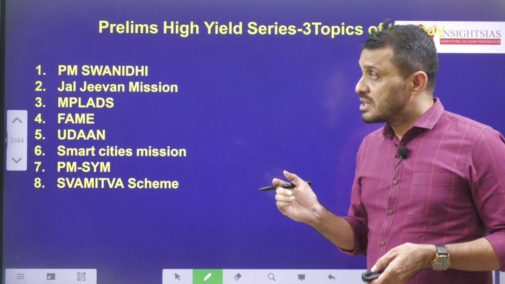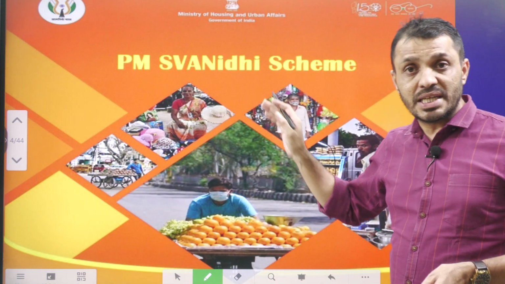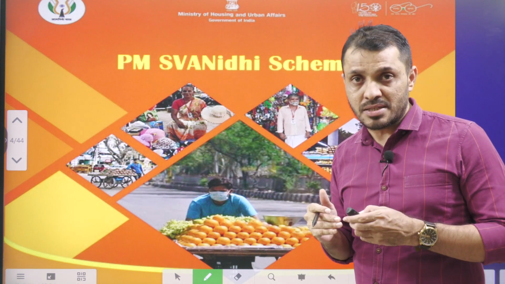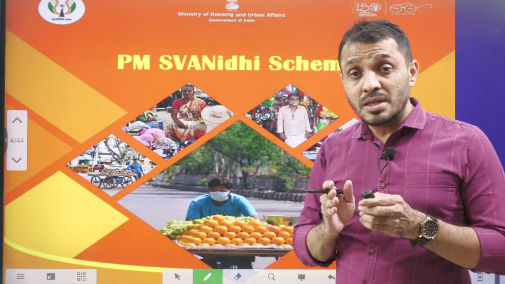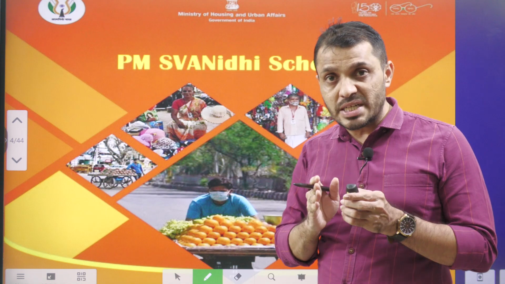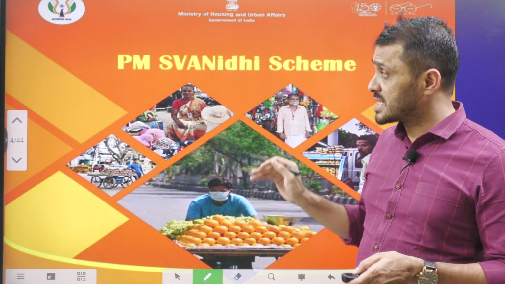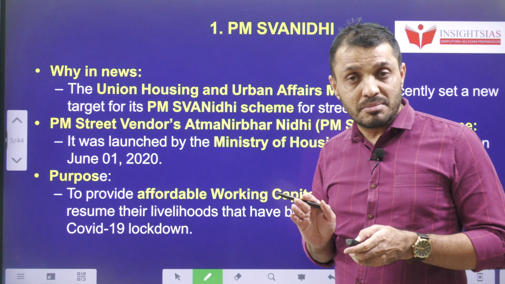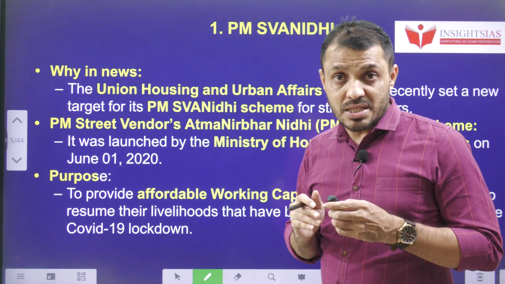Now, first we will check the PM-SWANIDHI scheme. The PM-SWANIDHI is related to street vendors. After the COVID pandemic, street vendors were affected a lot. To help them arrange working capital, the Government of India introduced this PM-SWANIDHI scheme. Under the scheme, street vendors are provided working capital at a very low rate of interest.